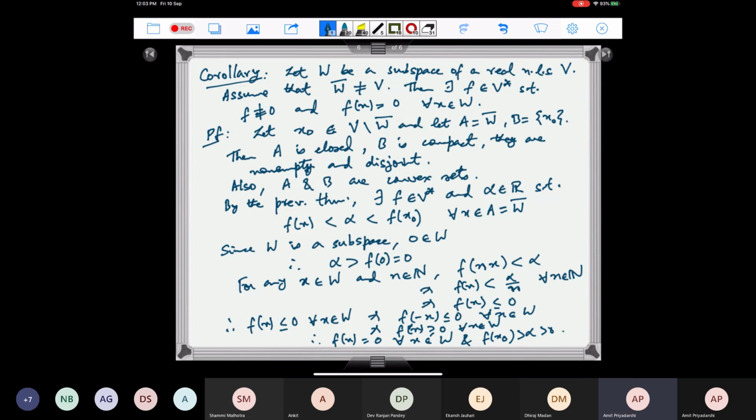For that we will need the Baire category theorem, which I hope you have seen in your real analysis course. So I'll recall the Baire category theorem. If needed, I can do the proof also, but I hope you would have seen it before. The Baire category theorem will be very useful for the next few theorems that we will learn.